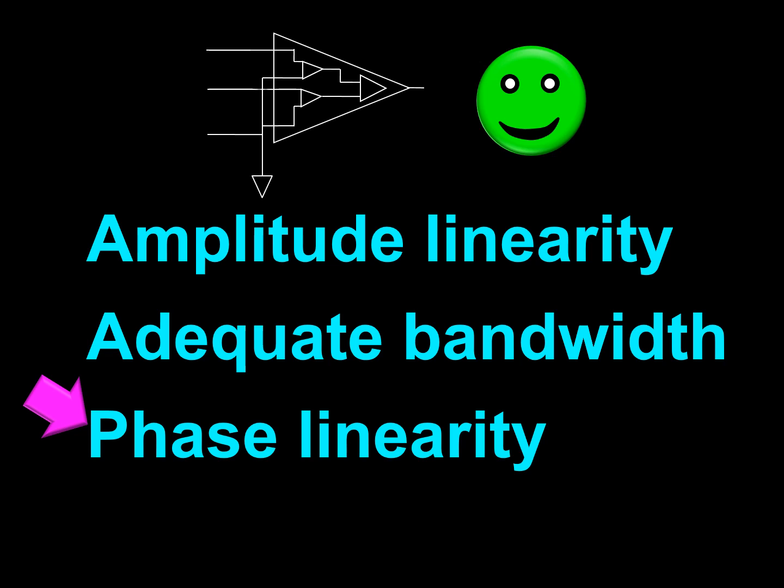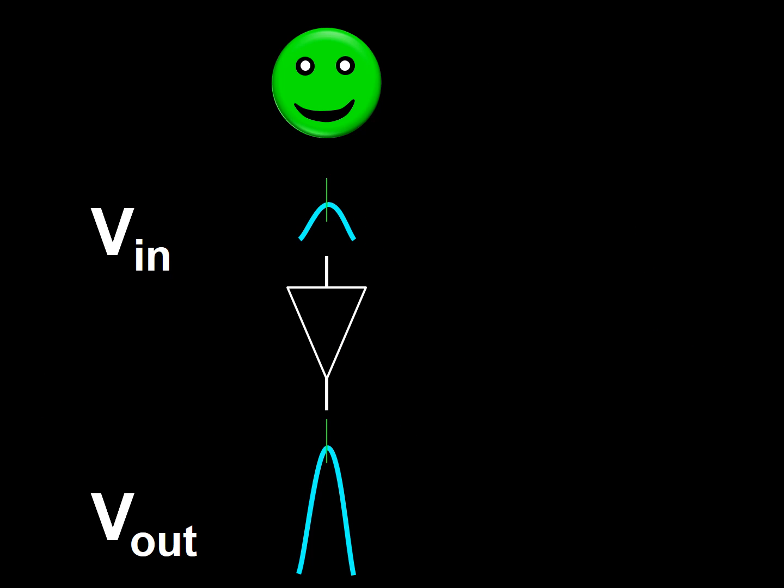The third requirement of a good differential amplifier is to have phase linearity. In this frame, I am representing the performance of a differential amplifier with good linearity. A differential amplifier with good phase linearity will increase the amplitude of each period in a wave by the same factor.